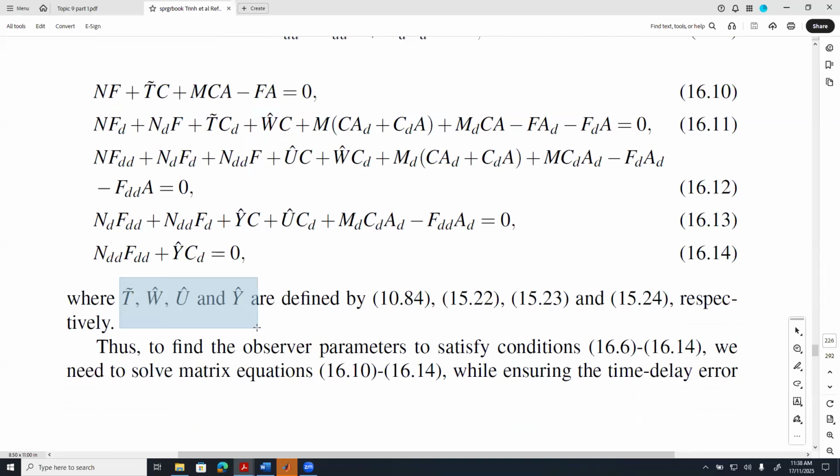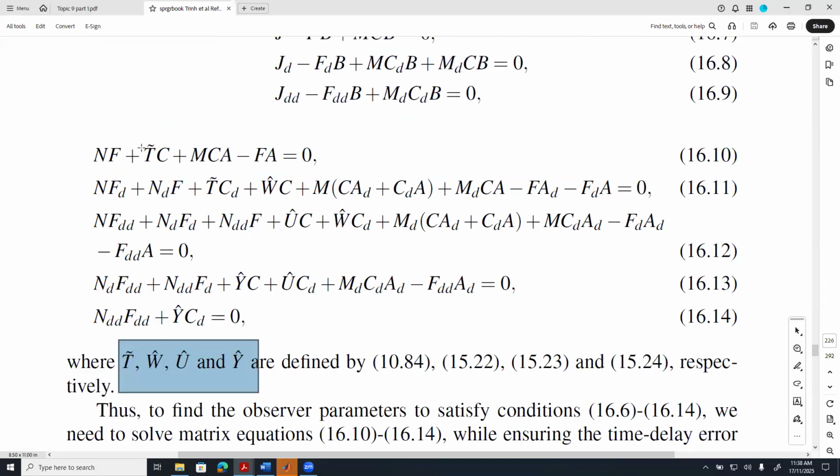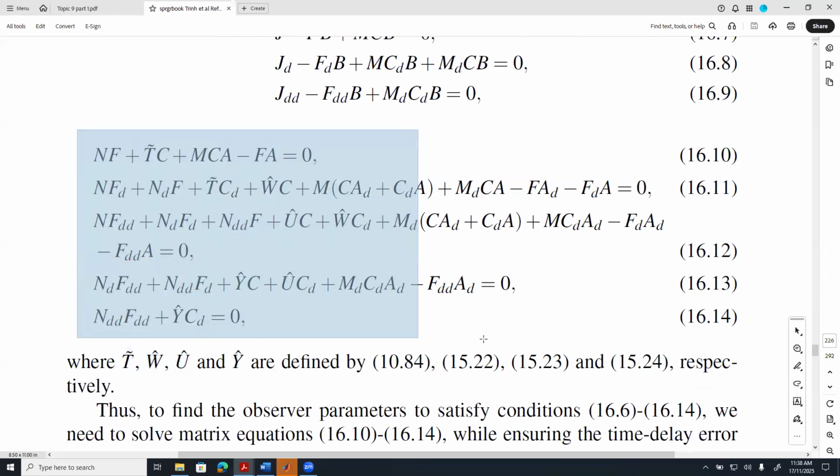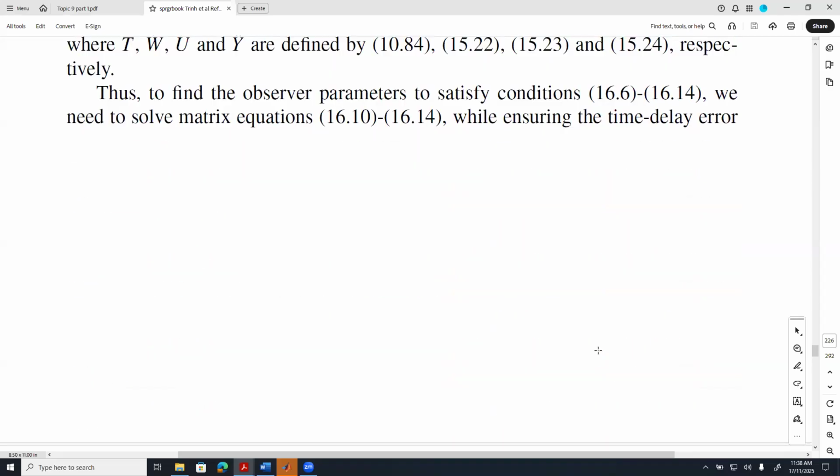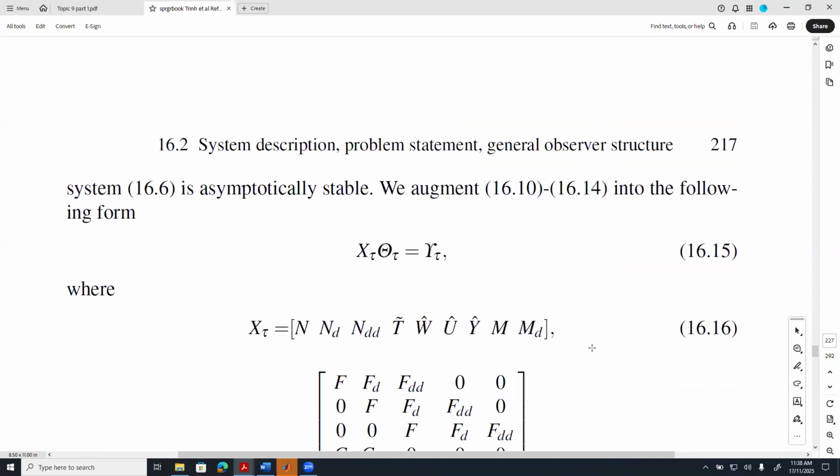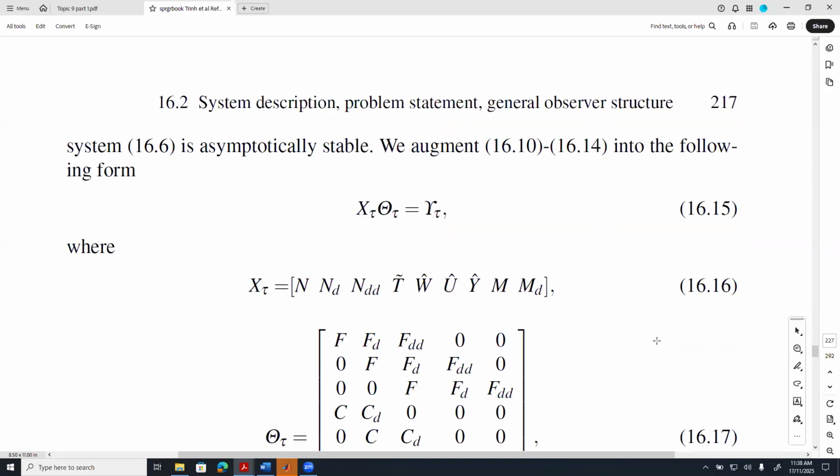So what we basically want to do here is to provide the necessary and sufficient condition for the existence of the solution of these 5 coupled matrix equations. And so the process follows exactly the same as what we discussed previously.